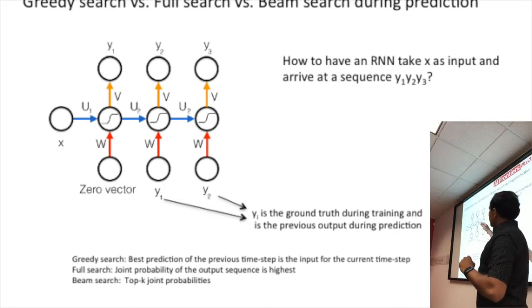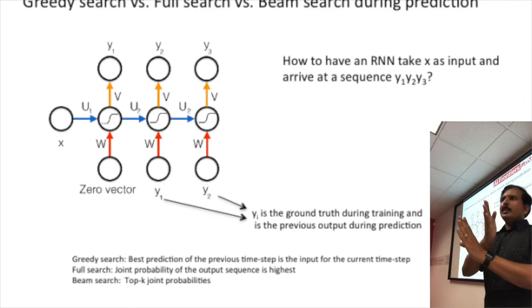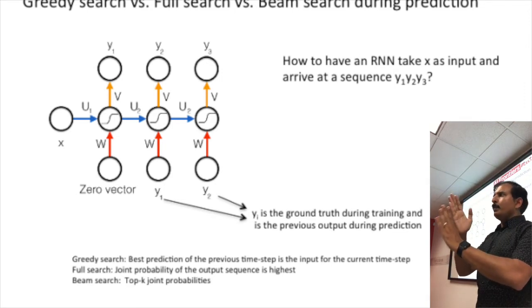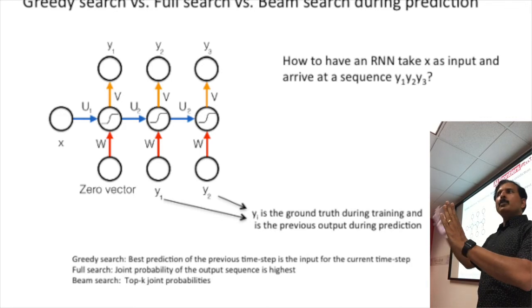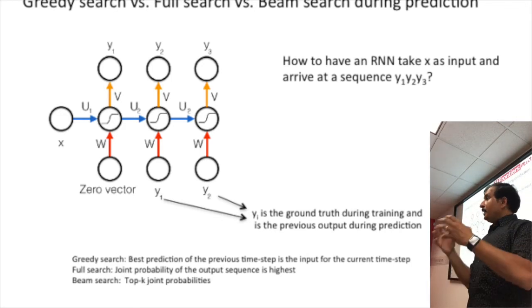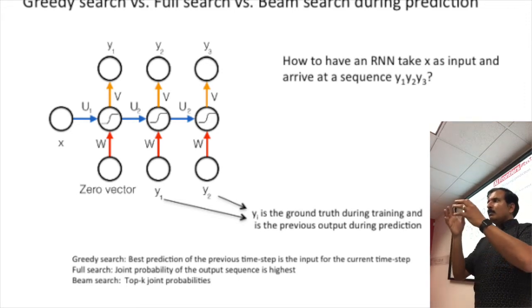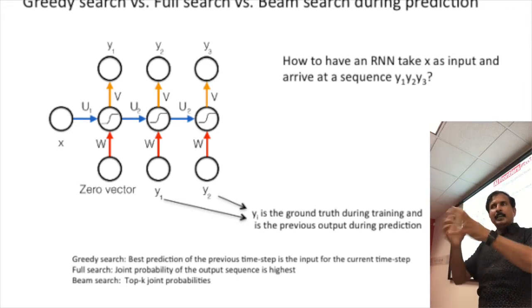So if you don't do such back check, and if you say y1 is my first high probability, I'm done with the y1, I'm going to make a y2 prediction, that's called maximum likelihood, and that's called greedy search. You are just done with the first best result you got, and you're going for the second one.